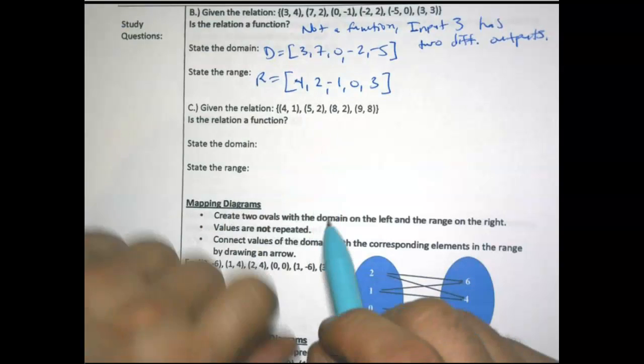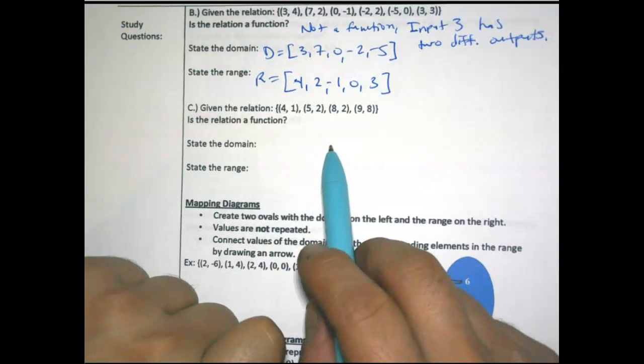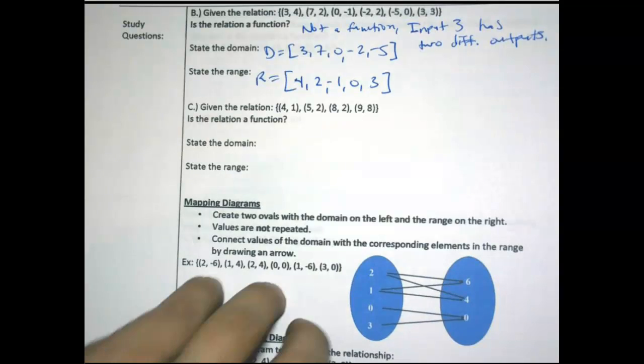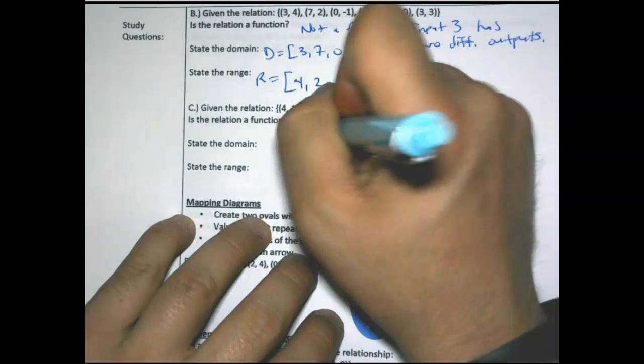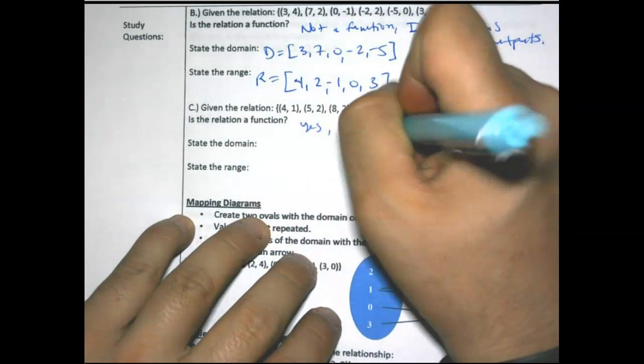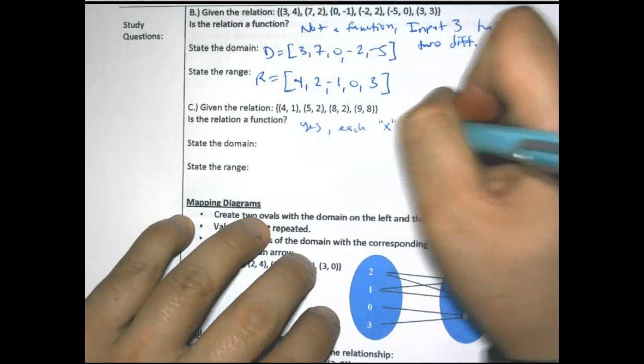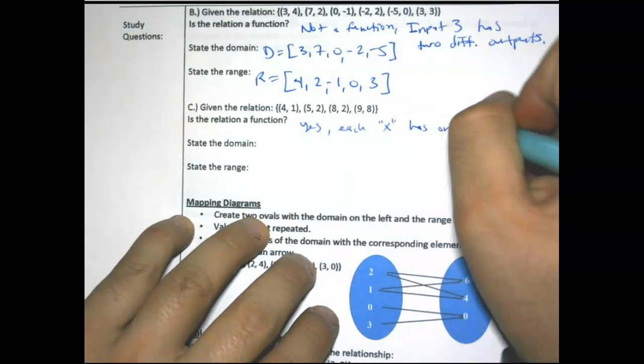As long as the x values don't show up twice and have a different output, that's okay. The y values can be the same even though they have a different input to match up with them. So this is a function, yes. Each input has one unique y. So each input has one unique output.